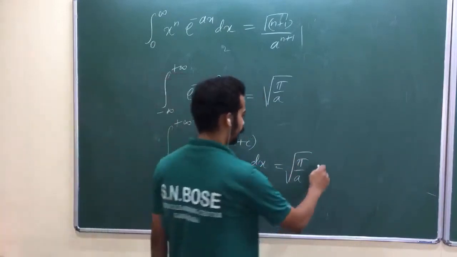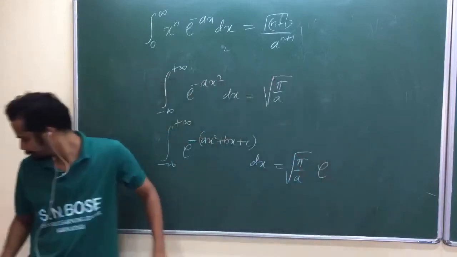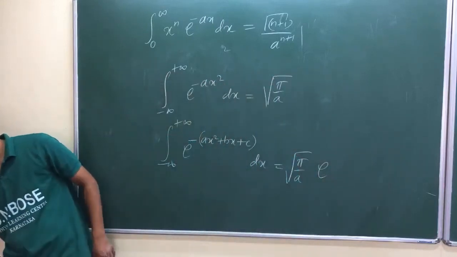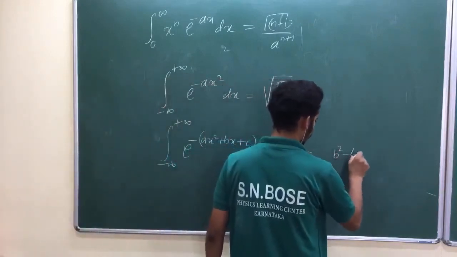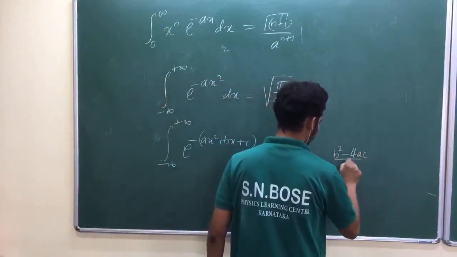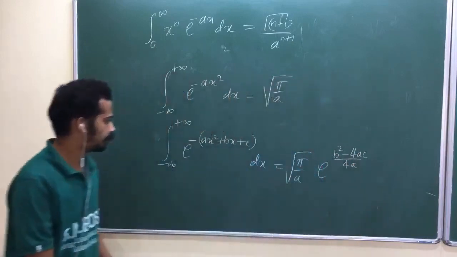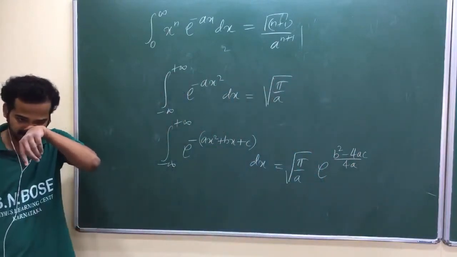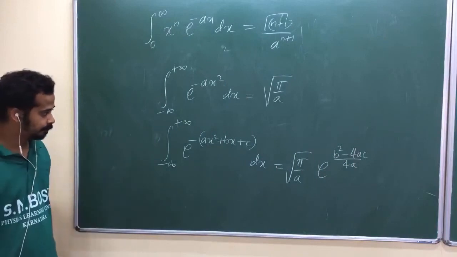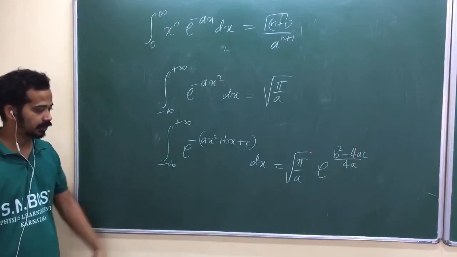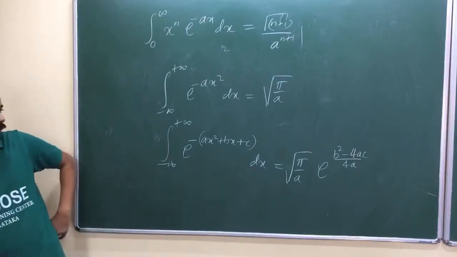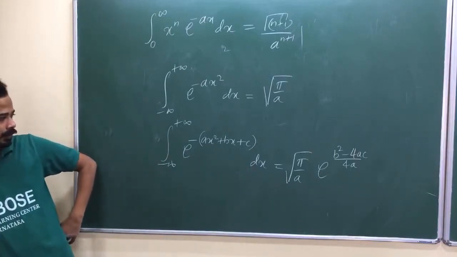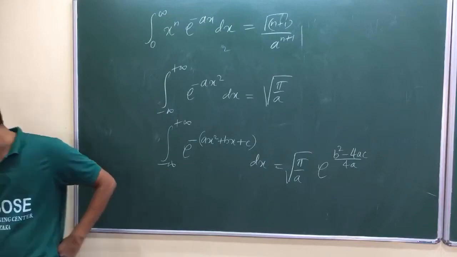Along with this, it will be equal to e power (b square minus 4ac) divided by 4a. You should be able to apply this one many times. In the case of Fourier transform, it is very helpful, the Fourier integral and all. Note this term. This is a very important integral.